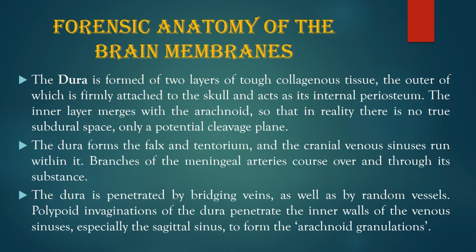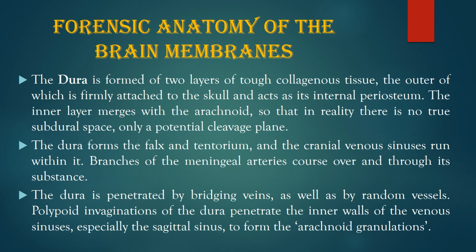So it is fused with the periosteum. It cannot be separated. But the inner layer merges with the arachnoid. So in reality, there is no subdural space because the upper layer is fused with periosteum, the lower layer is fused with arachnoid mater. But there's a potential space, that is, a space can be created.